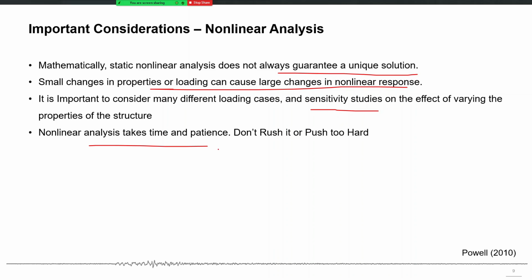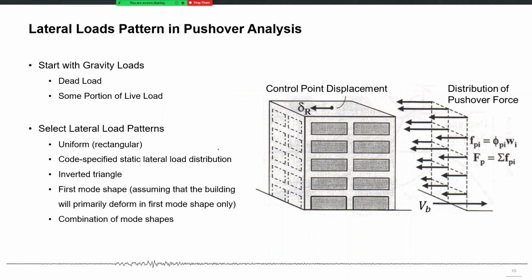It is removing all those elements which have yielded from the K matrix, and it is constantly updating it with each analysis step. It is actually degrading it, because the elements are being yielded and crushed, and all those nonlinear effects are there. So their effect on the K matrix will be accounted for at each analysis step. So it will take far more time compared to a linear static case.